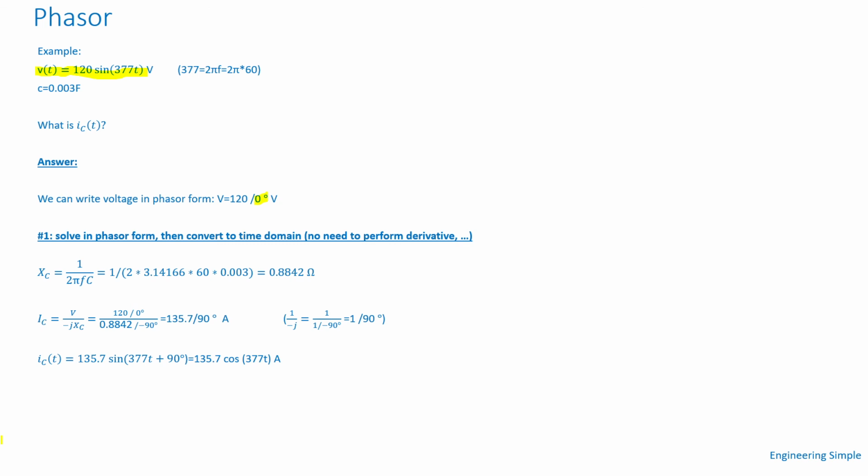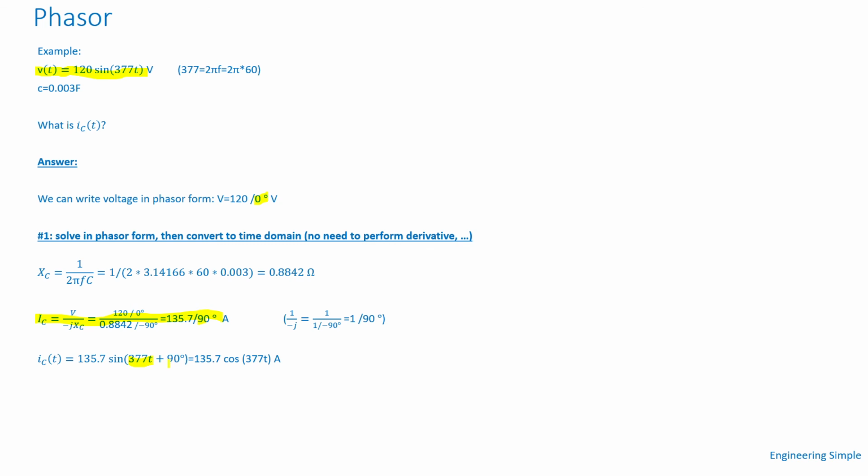So how do I go from phasor notation, or frequency domain, to time domain? I just take the magnitude 135.7 times sine, since I started with a sine right here, then 377t, plus the angle of the phasor, which is 90.